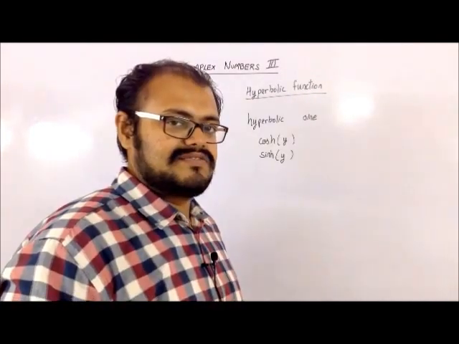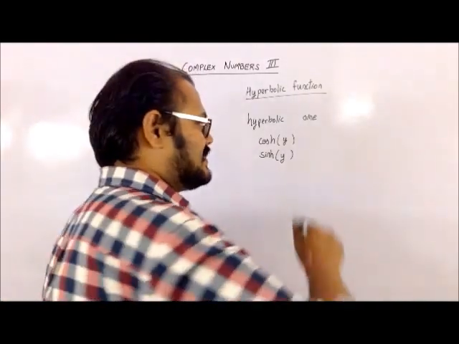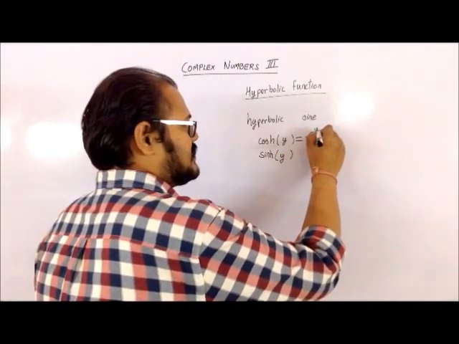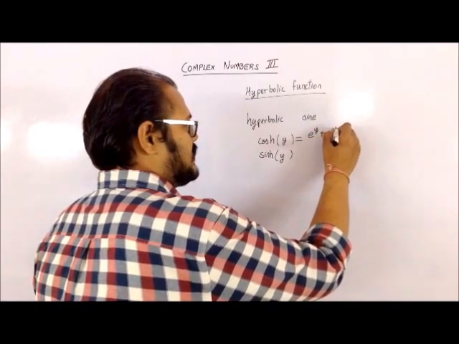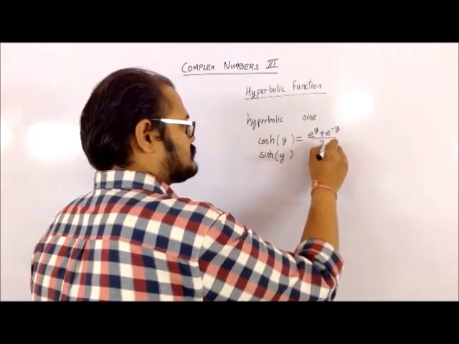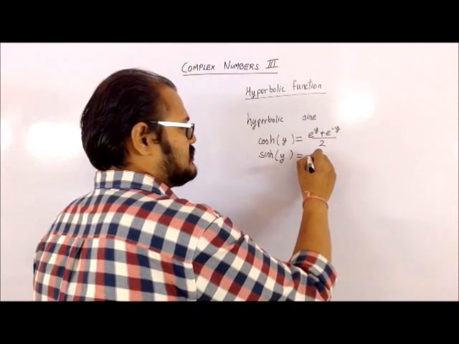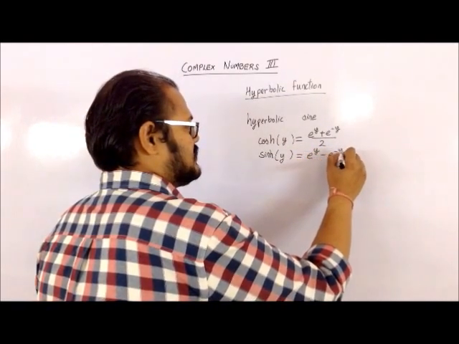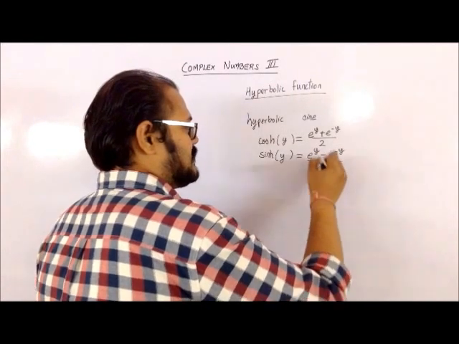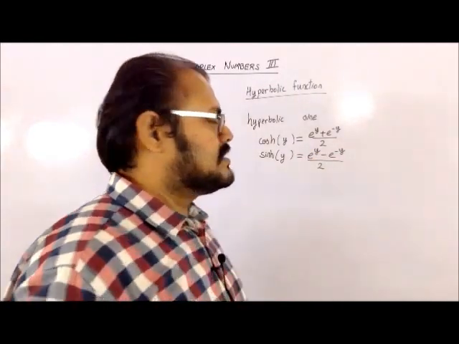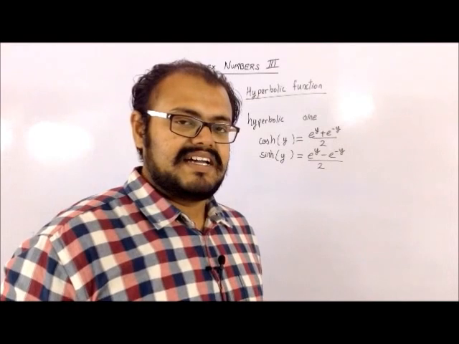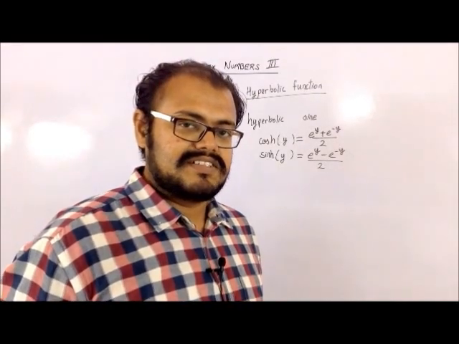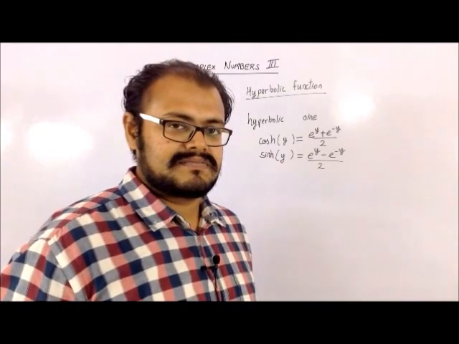Now the definition for these hyperbolic functions can be given by cos hy is defined as e raised to y plus e raised to minus y by 2, and sin hy is defined by e raised to y minus e raised to minus y by 2. So basically my hyperbolic functions are the combinations of the exponential functions.